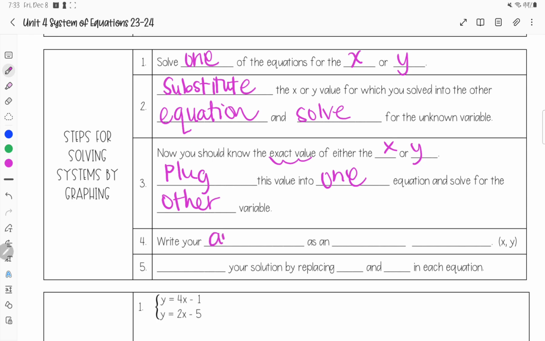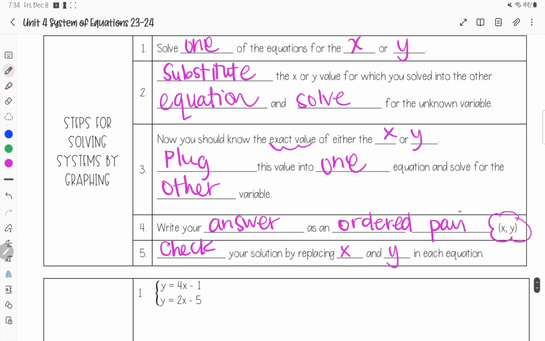Write your answer as an ordered pair. Again, instead of graphing this, we're solving to get our ordered pair in the form x, y. Then you can check your solution by replacing the x and y in each equation and making sure that it comes out correctly.